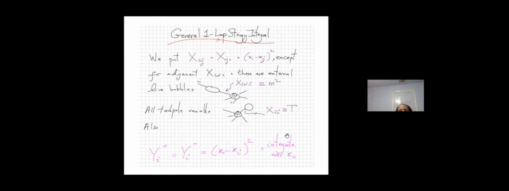Okay, now we can do the general one loop stringy integral, and in the general integral we can put x_ij equals x_ji equals (x_i minus x_j) squared, again except for the adjacent x's. For the adjacent x's, what do I want to call them?